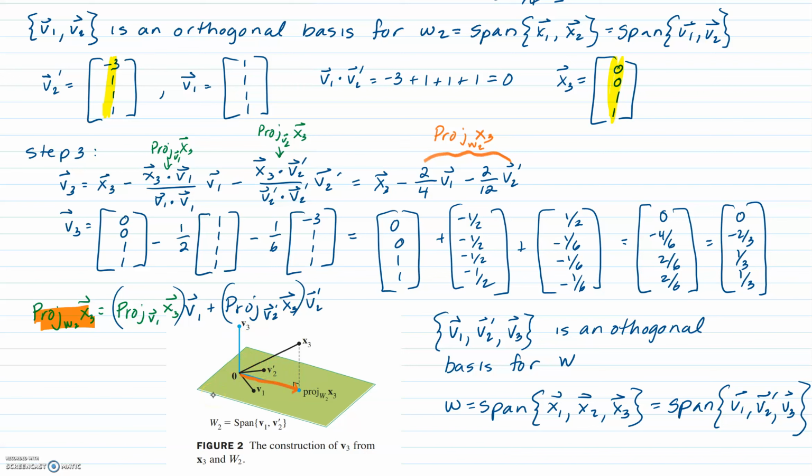You can also look at it as x3 added to the opposite, and you can see the blue line would be v3. So that is the construction of v3 from x3 and W2, which again is the span of x1 and x2, or v1 and v2. That is it. Hope that helps.